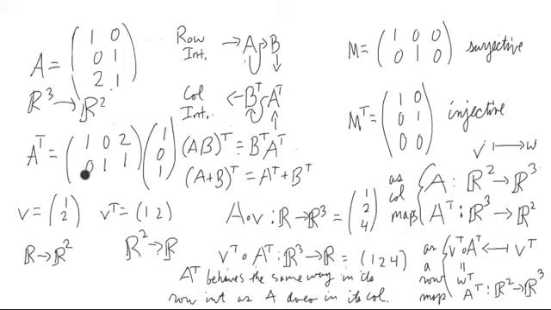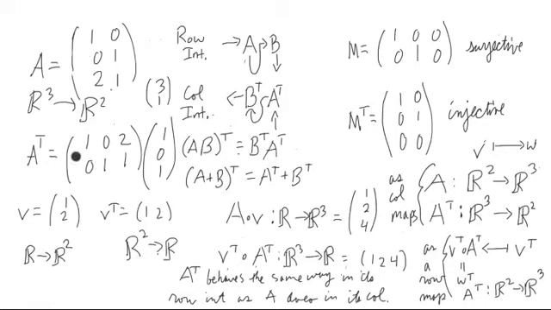Now we say 1 times that column plus 0 times that column plus 1 times that column, and the result would be, in this case, 3, 1, which is exactly what we had over here, but it was as a row. So what we see is the linear transformation that A described in its row interpretation is now the column interpretation of A transpose. The column interpretation of A transpose was the row interpretation of this guy.